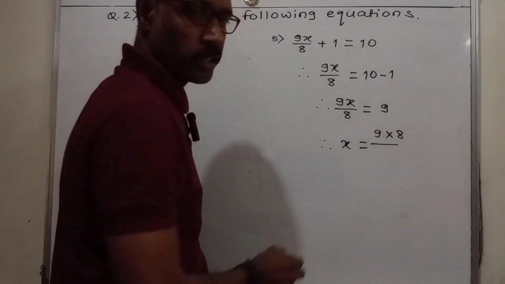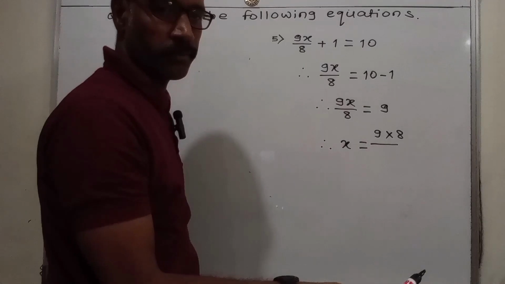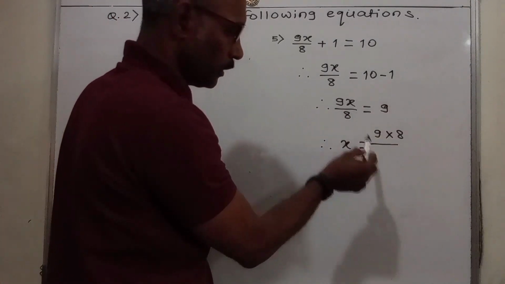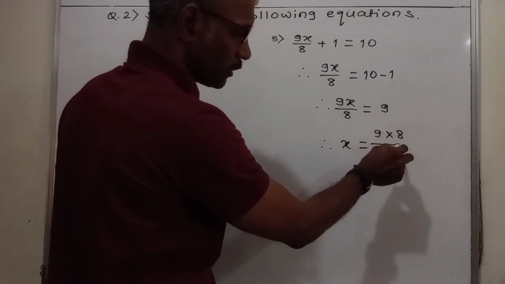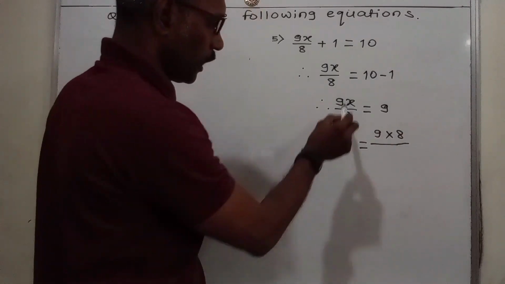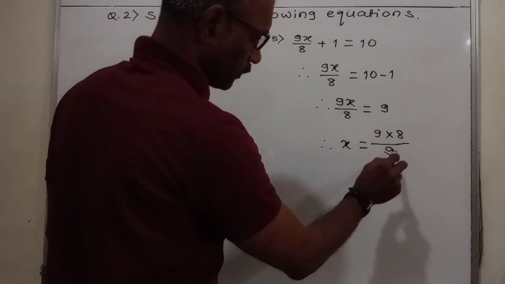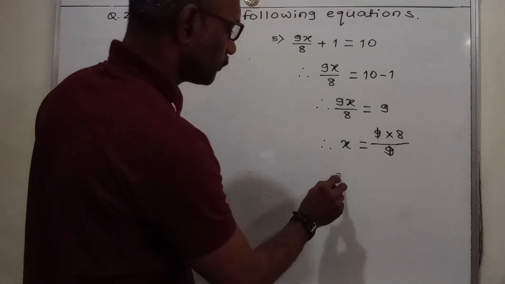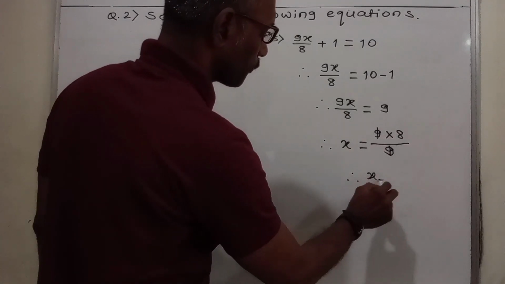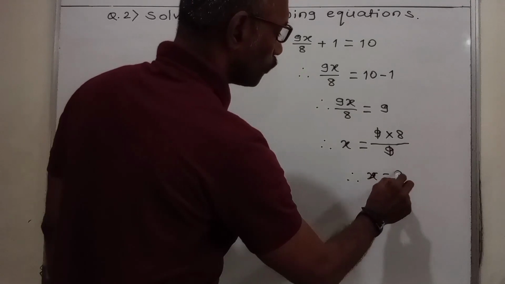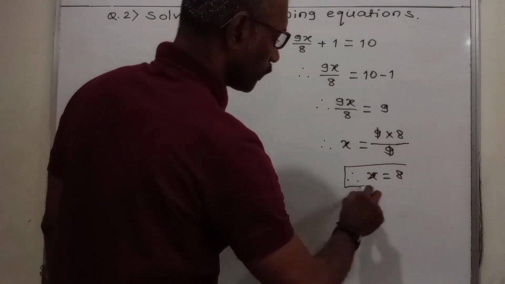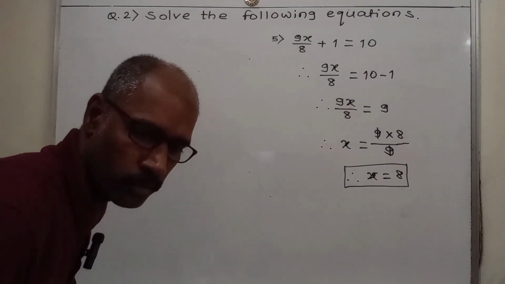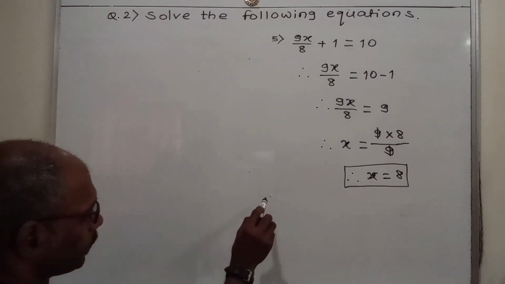Denominator becomes numerator when it goes to the right side; the numerator becomes denominator. 9 cancelled. Therefore x is equal to 8. Did you get it? If not, then tell me.